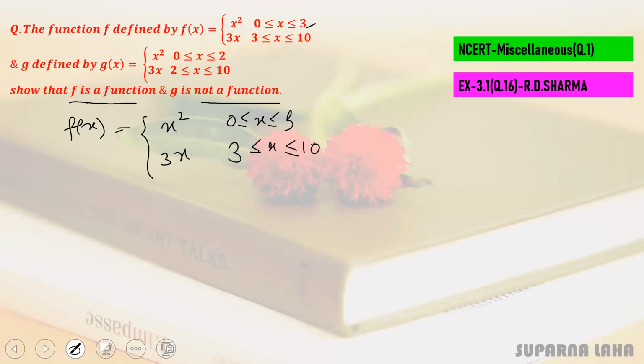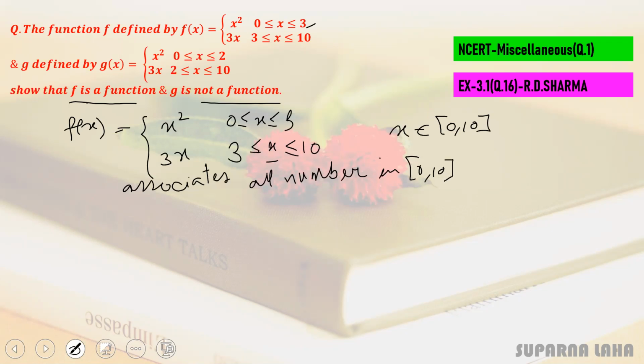So look at that. Every element such that x belongs to 0 to 10 has an image, that is, f associates all numbers in this 0 to 10 to numbers in R, the set of real numbers.